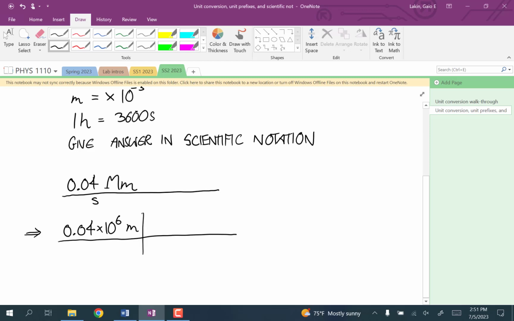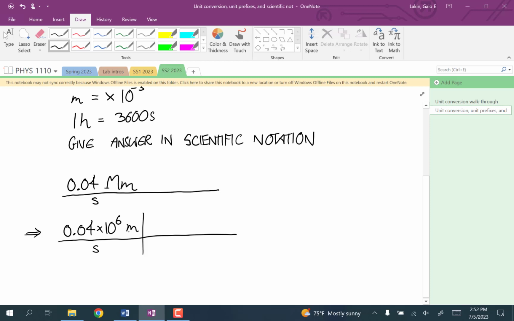And we still have seconds in the denominator. So now, by just replacing the mega with times 10 to the 6, we're in units of meters per second.